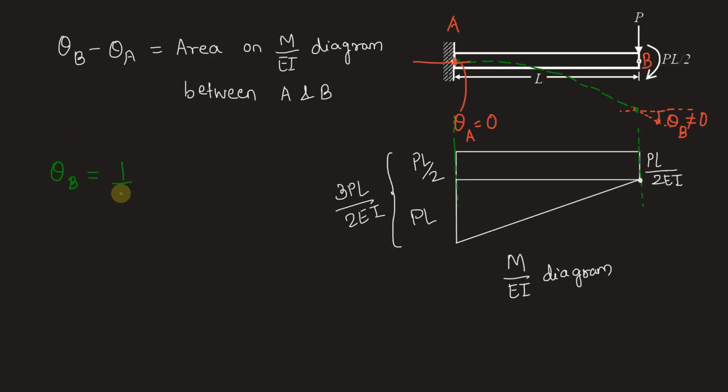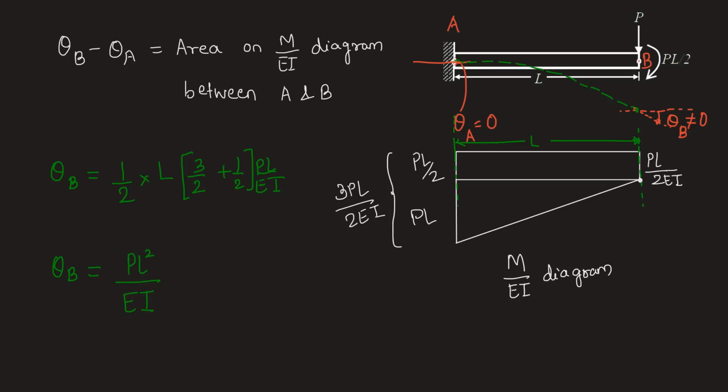It will be 1 by 2 into the base is L. This base is L, the length of the beam. So we have into L into the addition of these two ordinates. So we have 3 by 2 plus 1 by 2 into PL by EI. This gives us 4 by 2 in the bracket, which is 2, and 2 by 2 is 1. So it is PL square by EI. Theta B at the free end is PL square by EI.